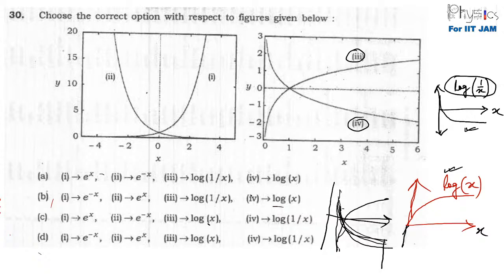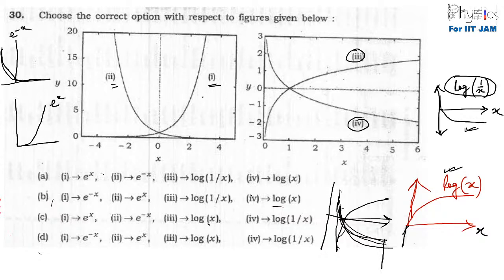And these two curves, number 1 and number 2: number 1 represents the exponential curve, that is e to the power x, and this is exponential decay, that means this is e to the power minus x.